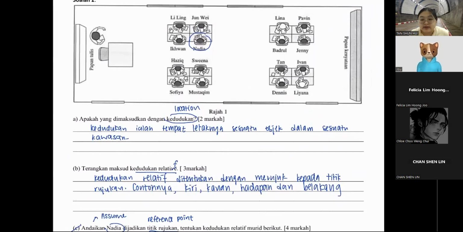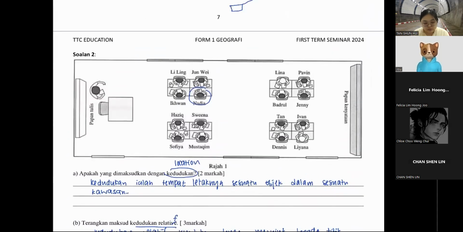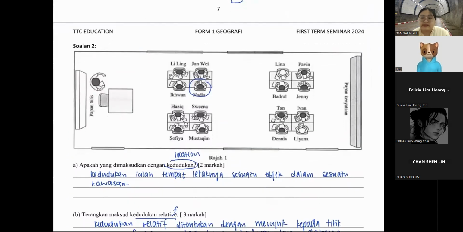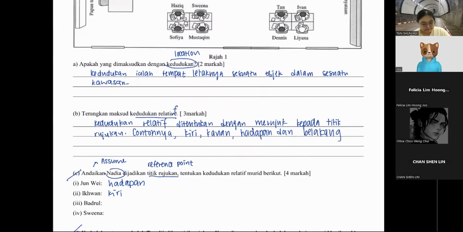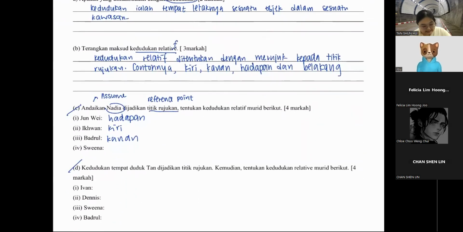Ikwan is located in which direction of Nadia? Yes, kiri. How about Badru? Badru is in which direction? Kanan. And Swina? Swina is at the back, belakang.